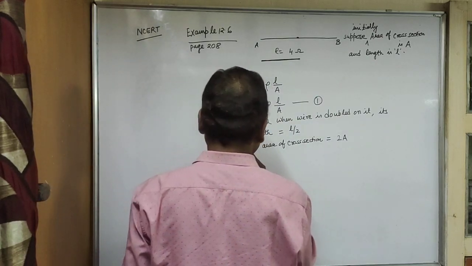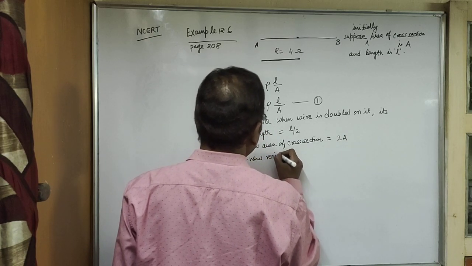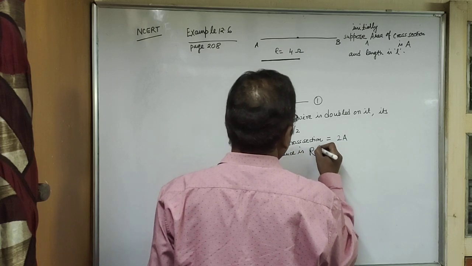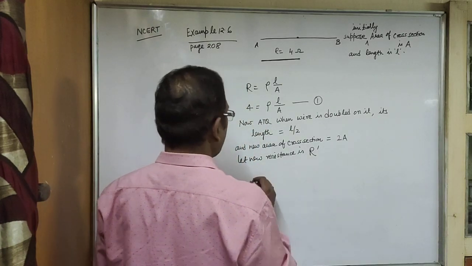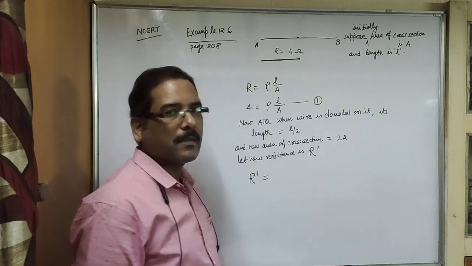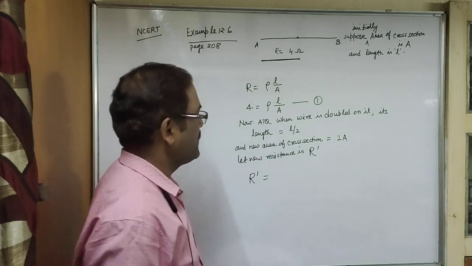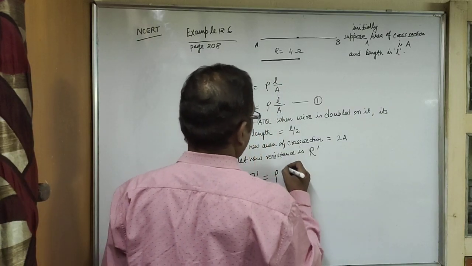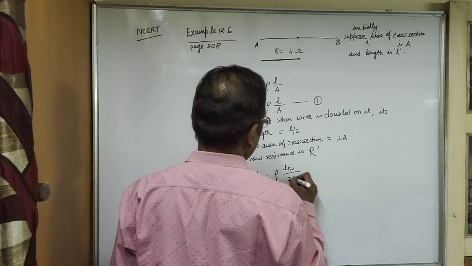Now let the new resistance be R dash. So what will we write for R dash? R dash is equal to rho, because we are not changing the material of the wire, so resistivity will be the same. Now the new length will be L by 2 and the new area of cross section is 2A.